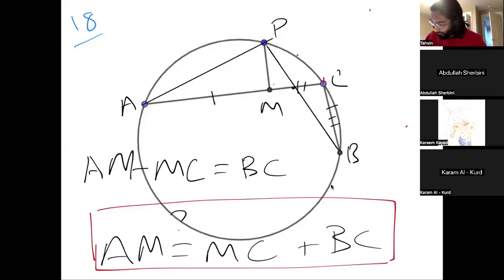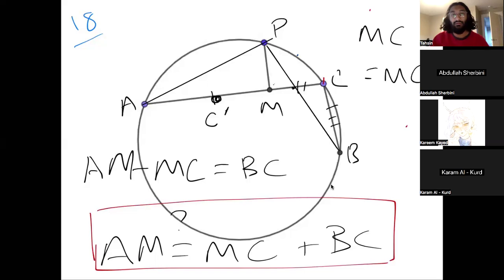And so what if we introduce a point here? Maybe called C prime. And the idea is we make it so MC equals MC prime. Does it make sense what this new point is? Yes. So now if we have this new point, now what is the thing that we want to show?